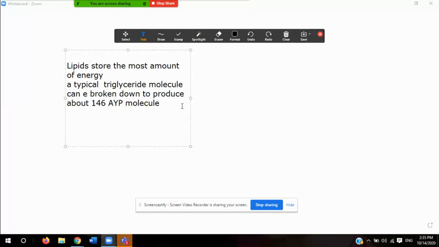Proteins don't necessarily produce energy, but I want to write it the way it's in your textbook: proteins store the same amount of energy as carbs.